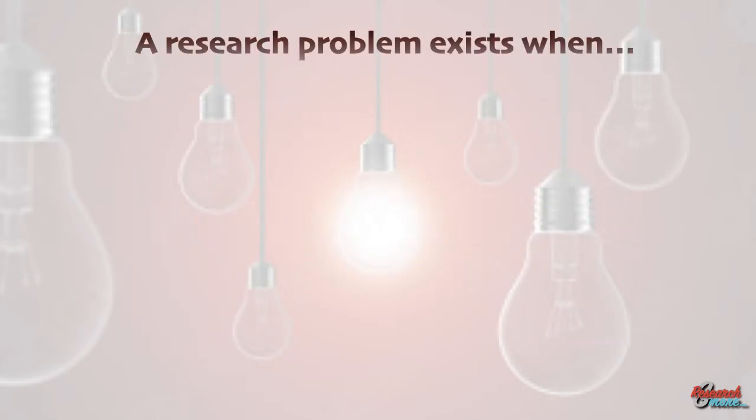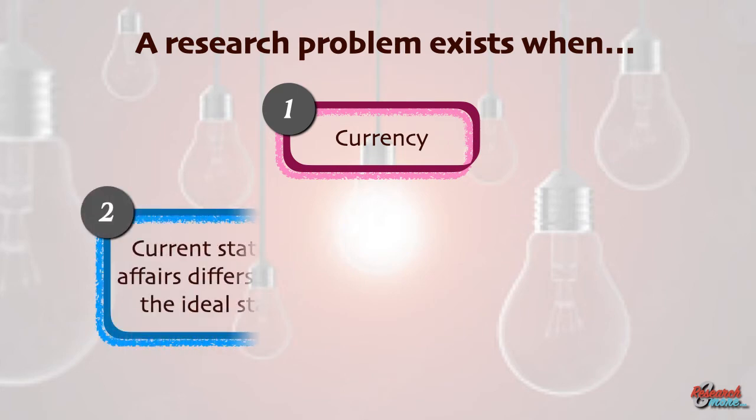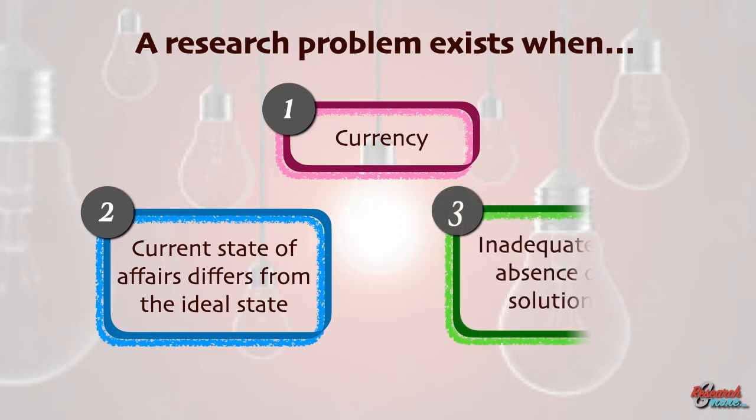In essence, a research problem is said to exist when some or all of the following conditions are met. The research problem is current and active. When the current state of affairs differs from the ideal state, and when there is inadequate or absence of any solution.